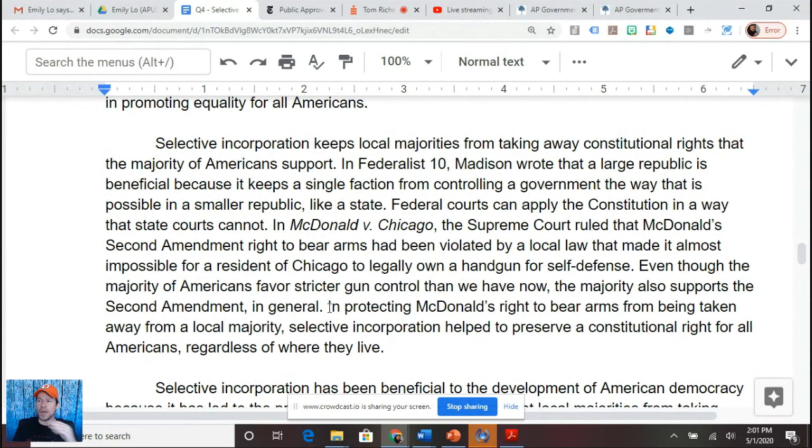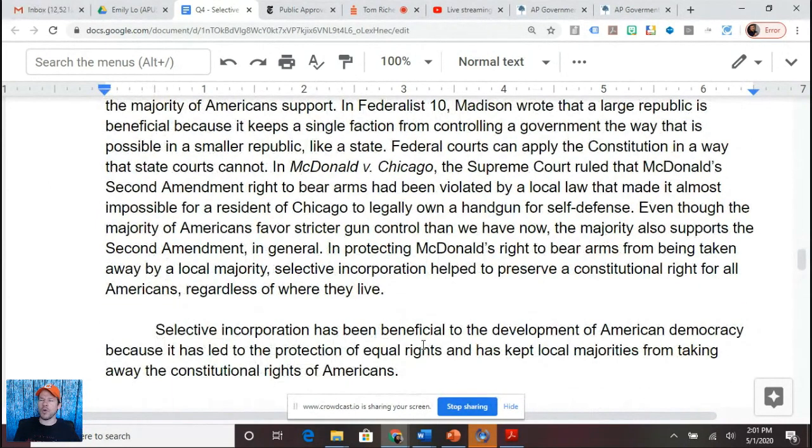In protecting McDonald's right to bear arms from being taken away by a local majority, selective incorporation helped to preserve a constitutional right for all Americans, regardless of where they live. Selective incorporation has been beneficial to the development of American democracy because it has led to the protection of equal rights and has kept local majorities from taking away the constitutional rights of Americans.